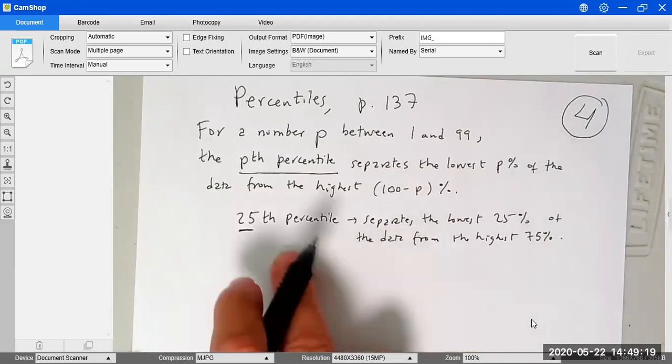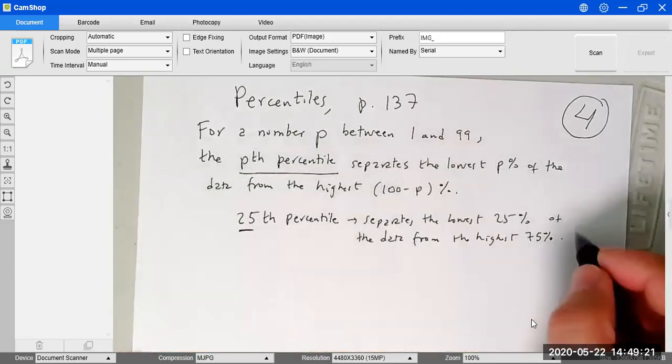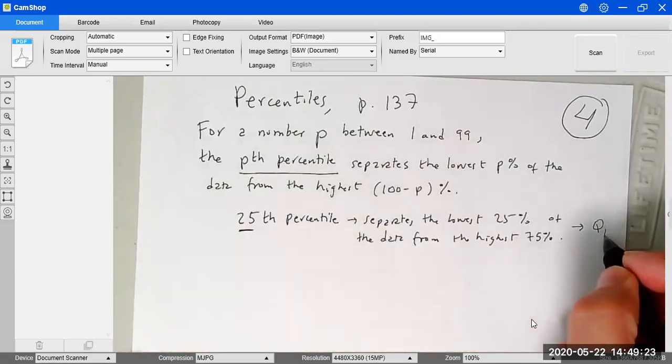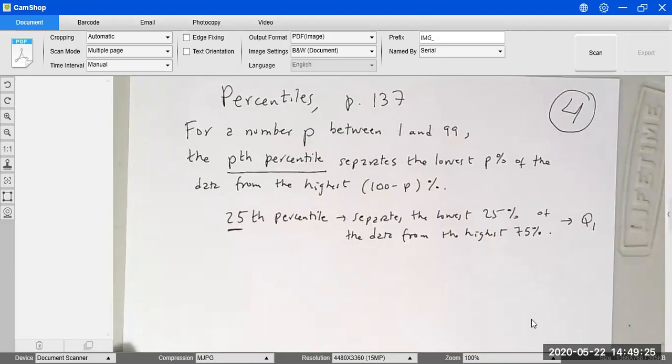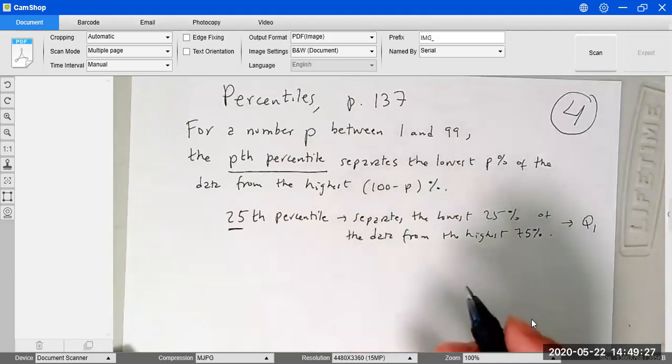And what is this 25th percentile? This is Q1, right?